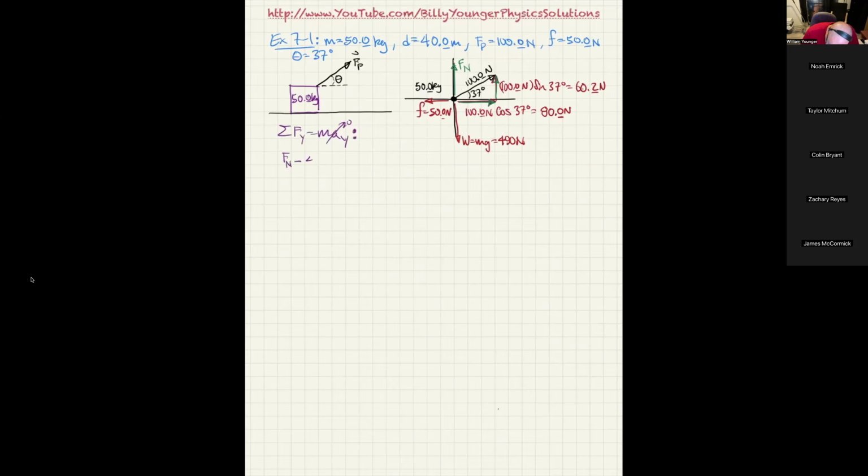minus 490 newtons, and then plus 60.2 newtons. And by the way, the 490 newtons, technically the zero is not a sig fig, so I have to put it that way. But all this is equal to just plain zero because the acceleration is zero.